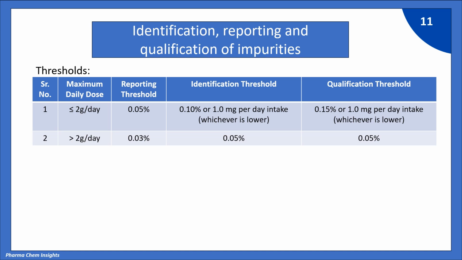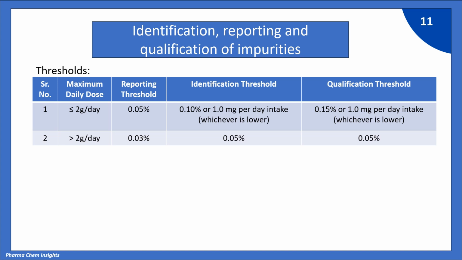Following is the table for maximum daily dose, listing reporting, identification and qualification threshold values. For maximum daily dose less than 2 gram per day, reporting threshold is 0.05%. For identification threshold, it is 0.10% or 1 mg per day intake, whichever is lower.